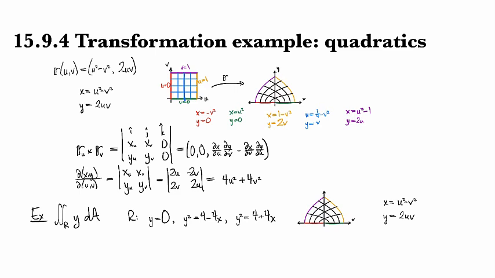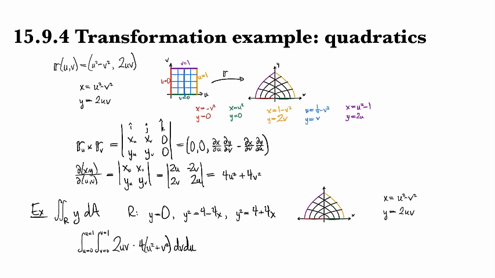So based on this, we already figured out that this is between u equals 0 to u equals 1, v equals 0 to v equals 1, because it's over the unit square. And y is just 2uv. Then our Jacobian is 4 times u squared plus v squared. And that was dv du, or du dv.